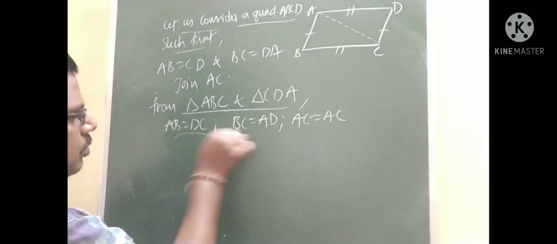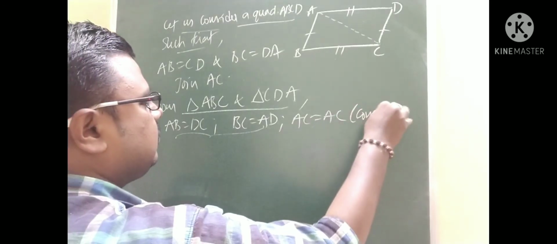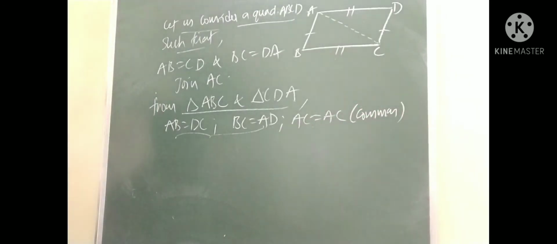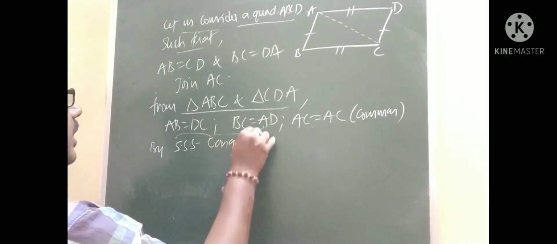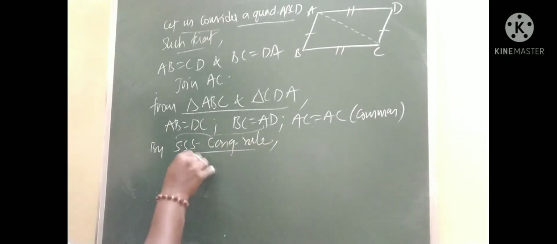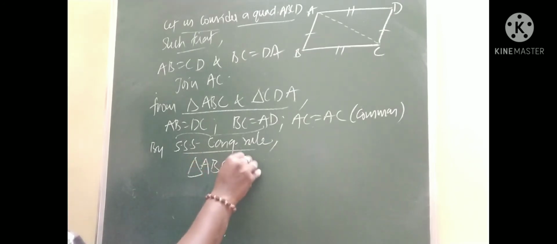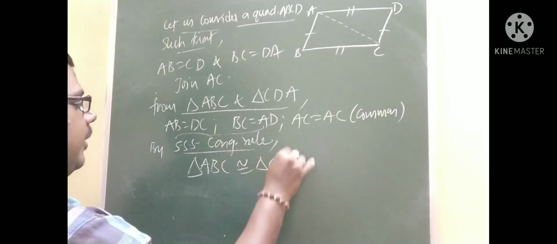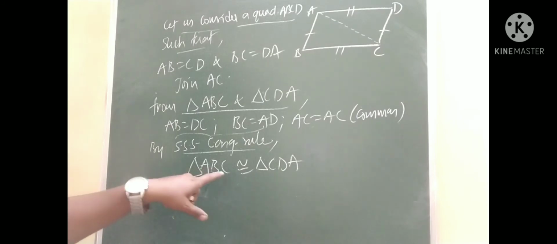So for these two given, and for this common side, in the triangles all the three sides are equal. So by the SSS congruency rule, I can conclude that triangle ABC will be congruent to triangle CDA.